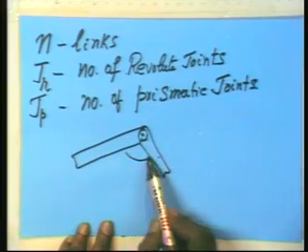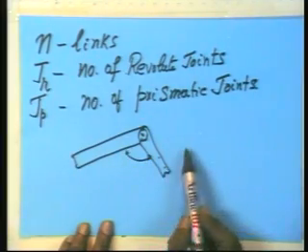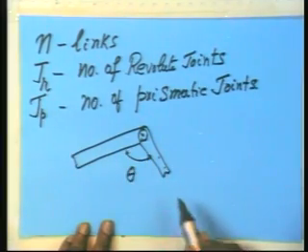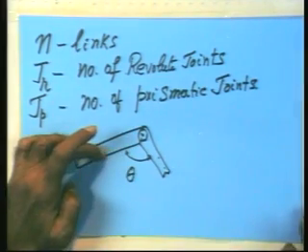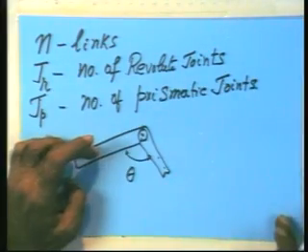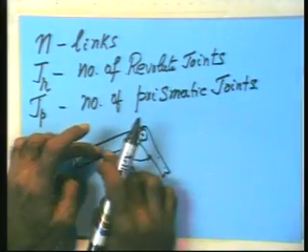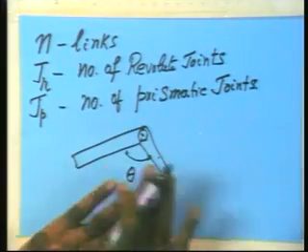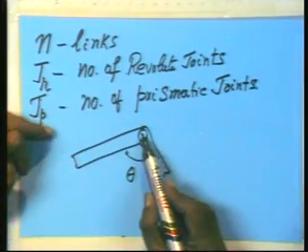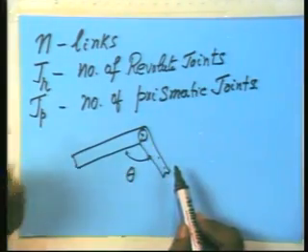If I give this angle, you know where this link lies. So, in a plane, how many degrees of freedom are there? We know that there are 3 degrees of freedom in a plane. So, if this is one plane and this is another plane, as long as these 2 links are free, they have 3 degrees of freedom relative to each other. But the moment I have put this revolute pair, you have lost 2 degrees of freedom.